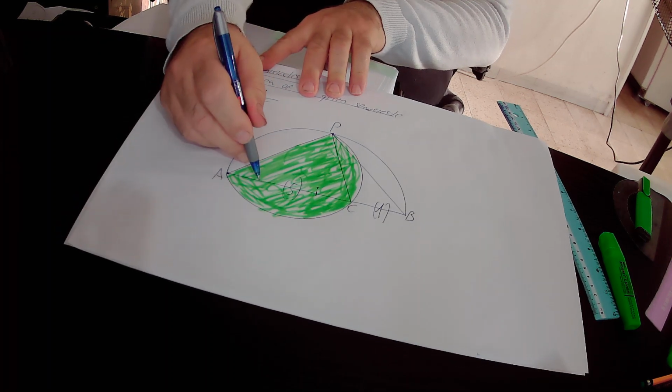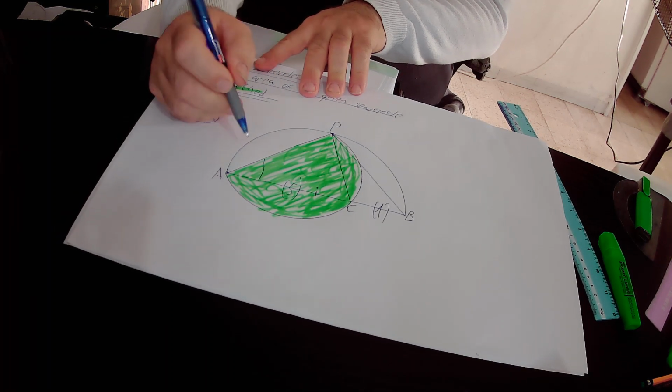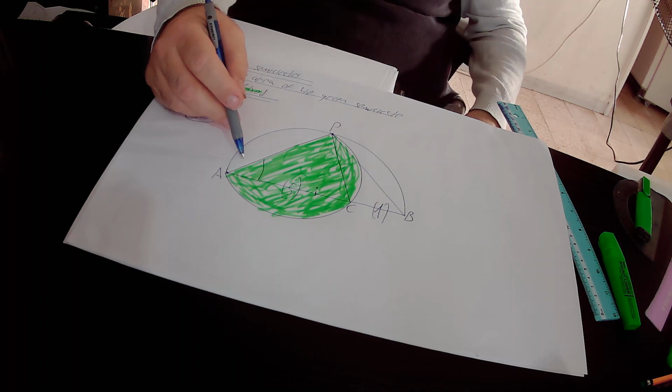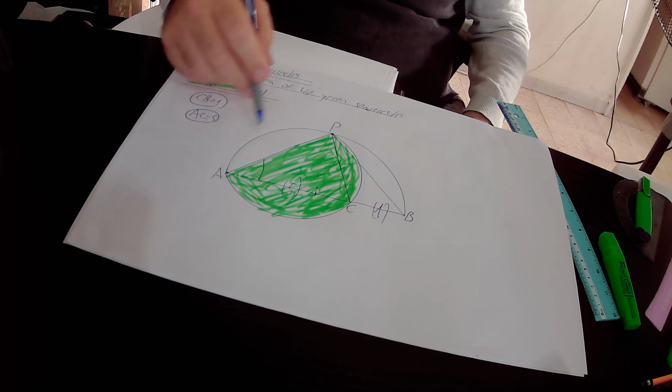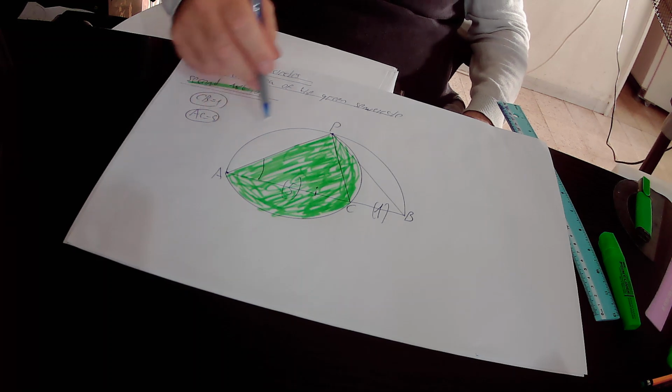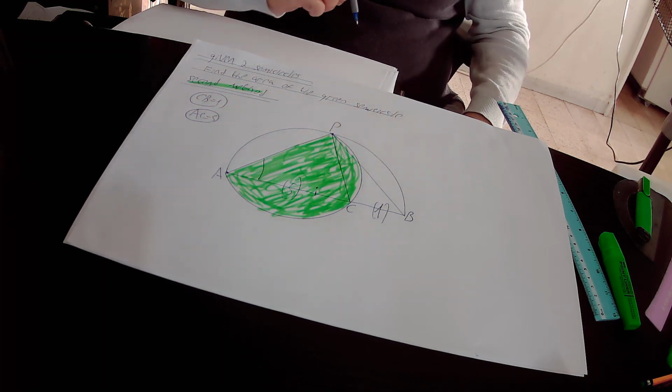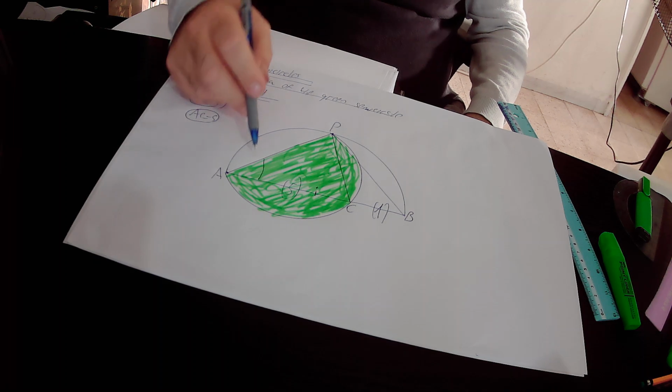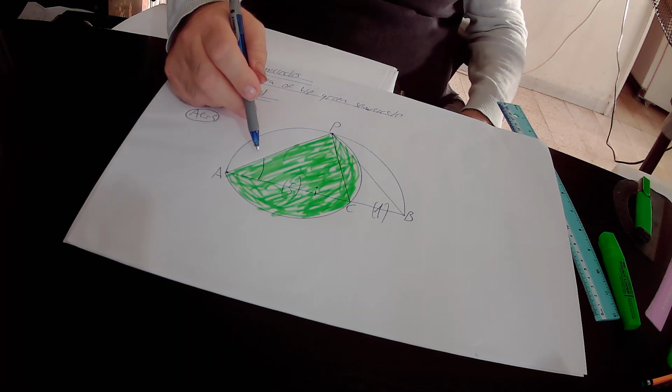This is angle A. Angle A is a common angle that belongs both to the green triangle APC, and this common angle A also belongs to the right triangle APB. So angle A is a common angle that belongs to both triangles.